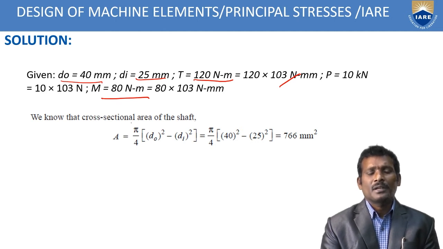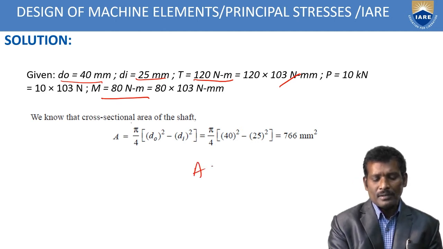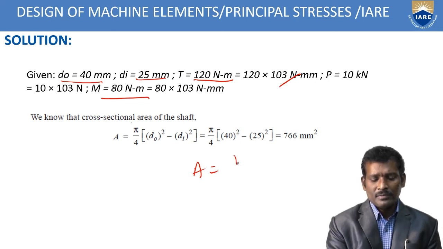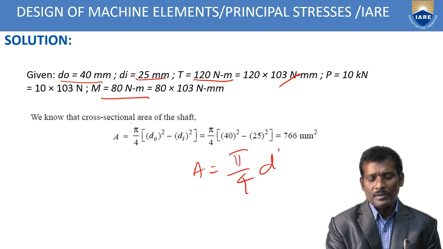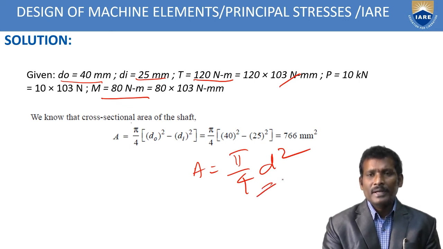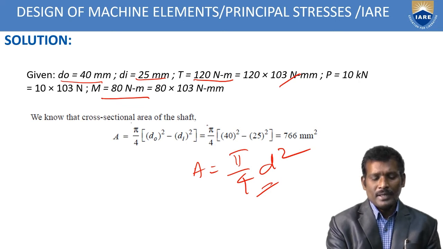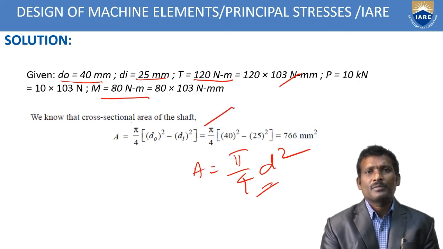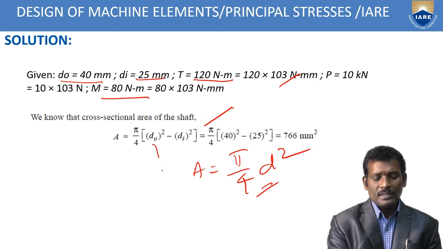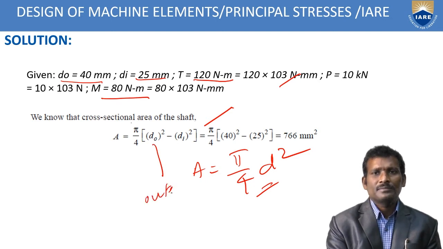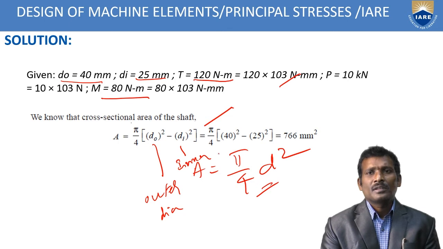The cross-sectional area of the shaft, generally for a solid shaft, is π/4 d². But here the given shaft is a hollow shaft, so apply this formula: π/4 multiplied by (d₀² minus dᵢ²). Here d₀ is the outer diameter and dᵢ is the inner diameter.